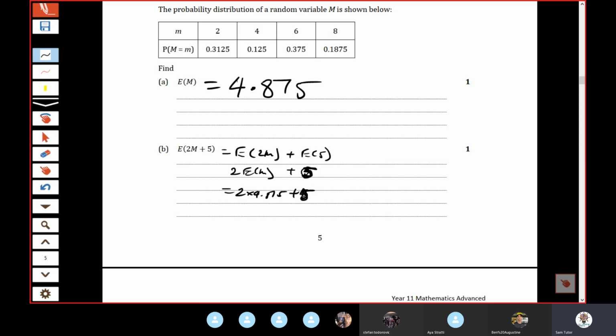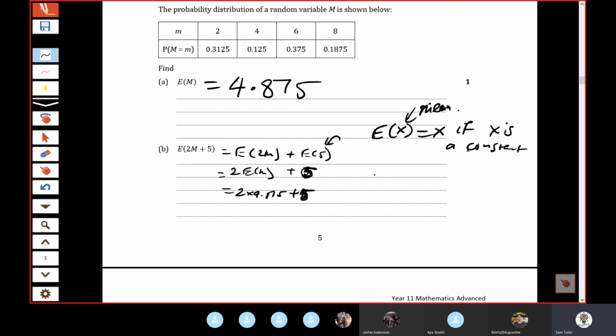Okay. So like I said, you can break this up into E of 2m plus E of 5. E of 2m is the same as 2 times E of m. So 2 times the expected value of m plus, now the expected value of 5 is 5. That's just a simple rule: the expected value of x is x if x is a constant, because isn't E of x meant to be average or mean?